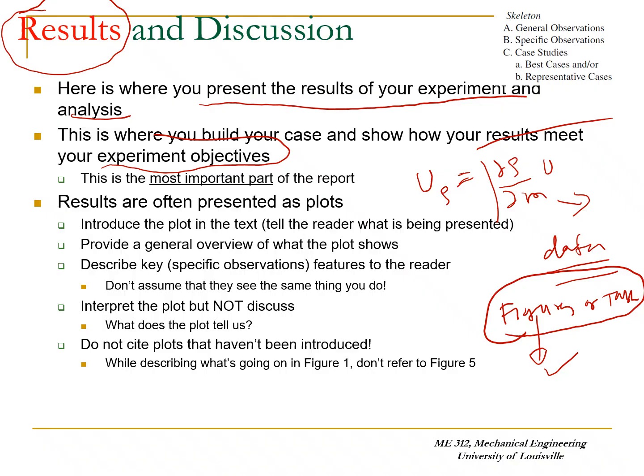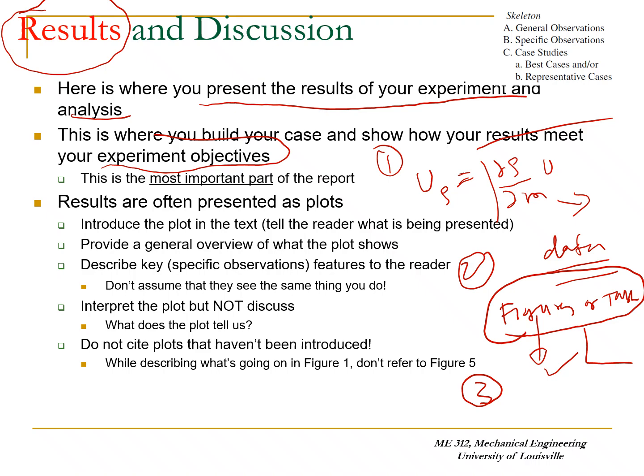So again, the first step is to define the variable, what it is, what is the formula for it. Second step, you make the figure or tables based on the data you have. Third step is, you make a good figure, and you should know what a good figure looks like.